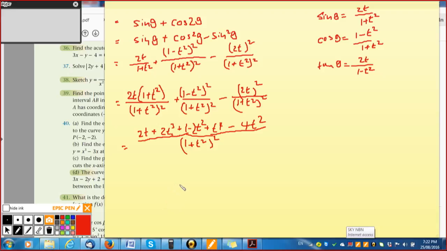Oh, this is the answer? Okay, so the answer should be t to the power of 4 plus 2t cubed, and that becomes minus 6t squared, plus 2t, plus 1, all on 1 plus t squared, all squared. Does that make sense? Yeah.